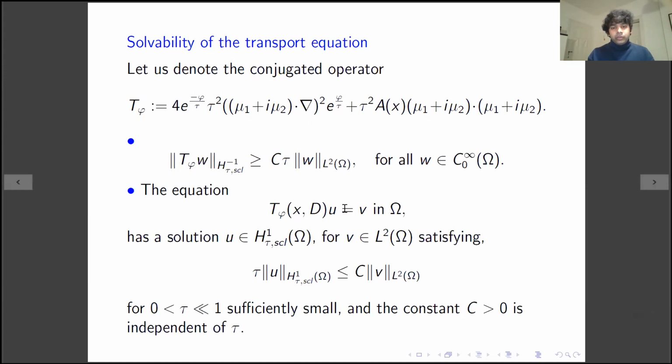This estimate is required to get the existence with the right hand side V in L2, and then we have the solution U in H1 semi-classical with respect to this new parameter tau, and it solves this. So tau times the H1 tau semi-classical norm of U is bounded by some constant C times the norm of V, and this constant C is independent of tau.